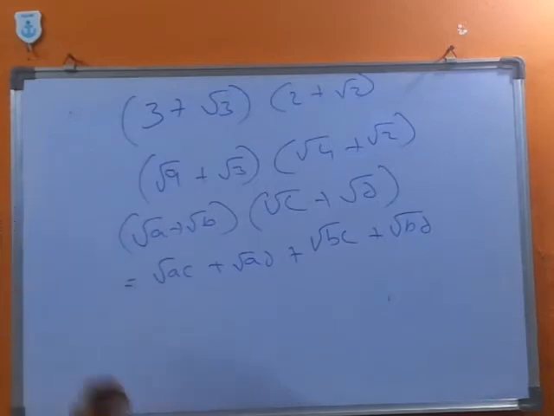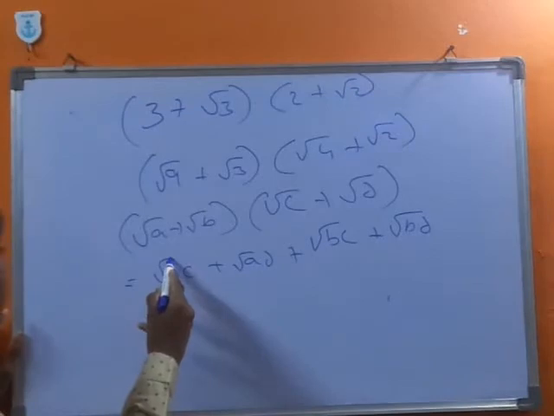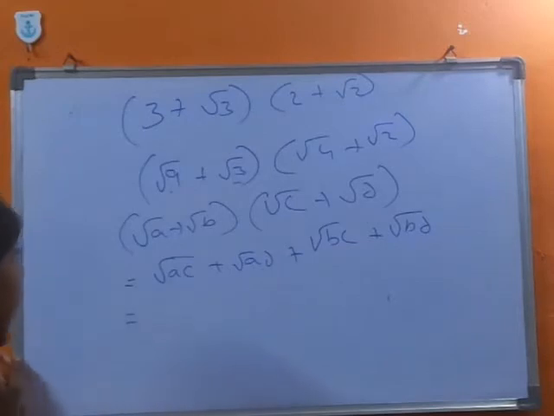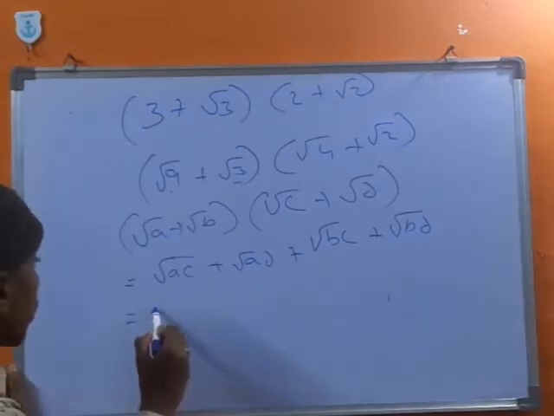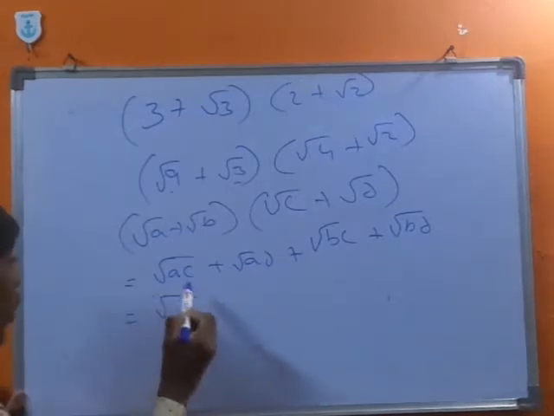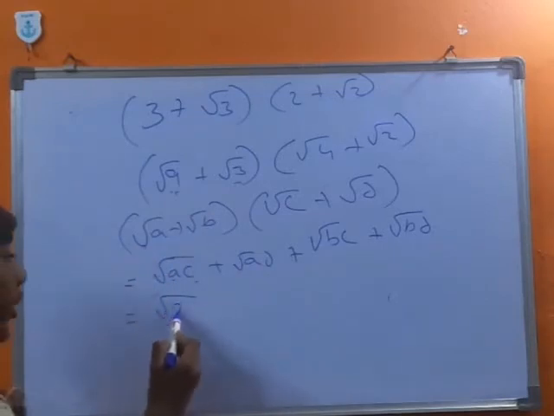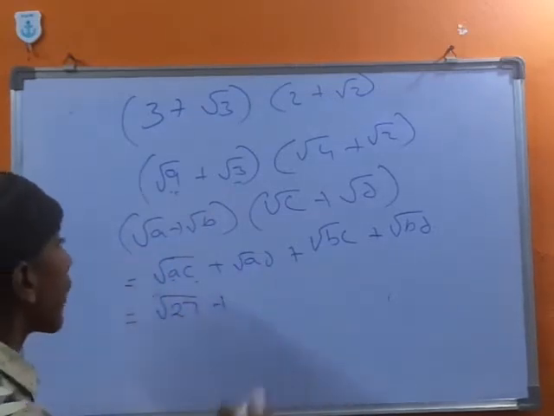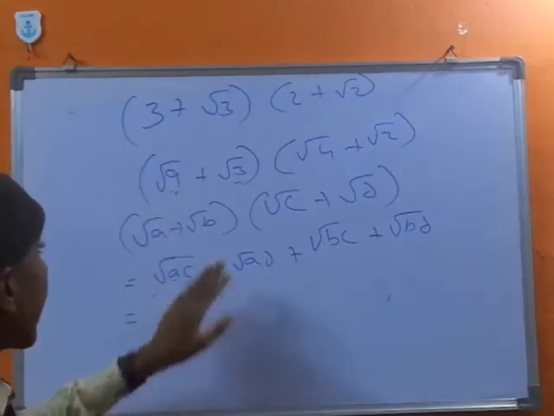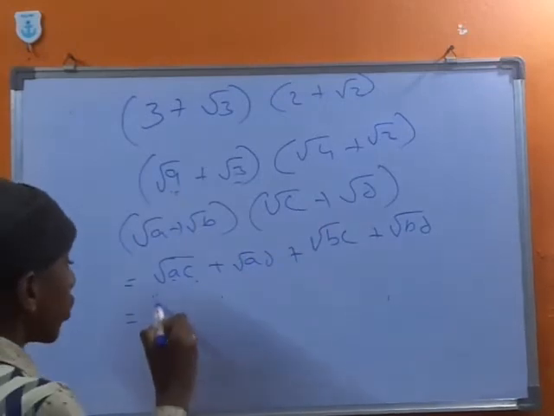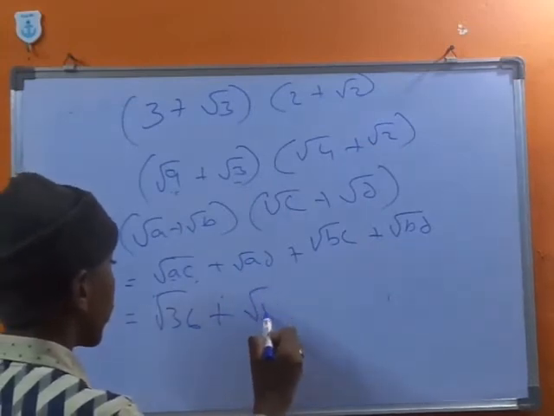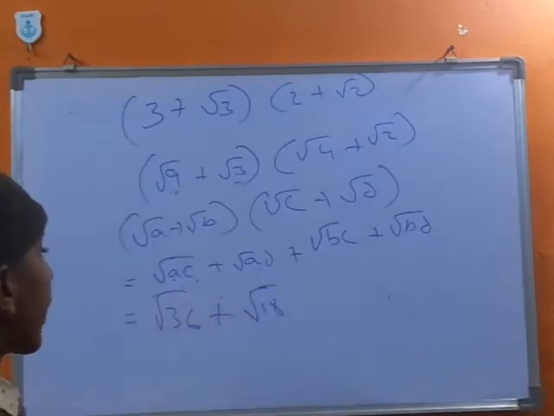So what is root of ac? 9 threes are 27, so root of a into c, 9 into 3, 27, plus ad. 9 fours are 36, so root 36 plus ad. 9 twos are 18 plus bc.